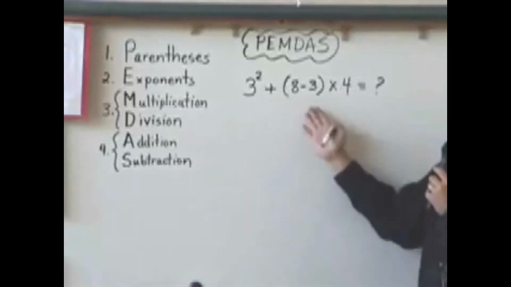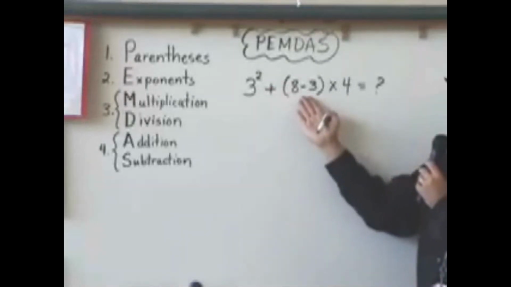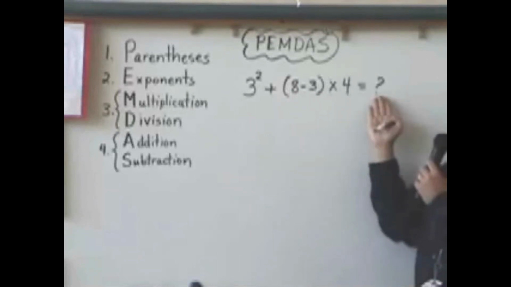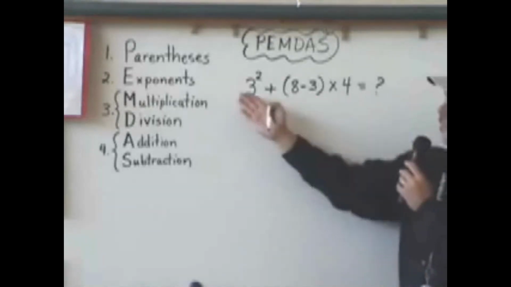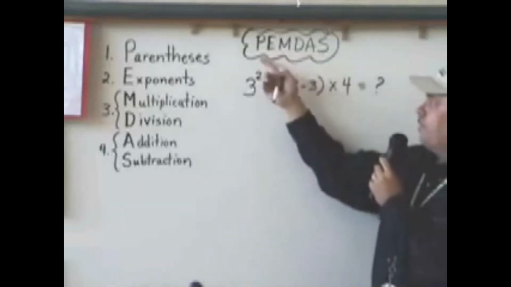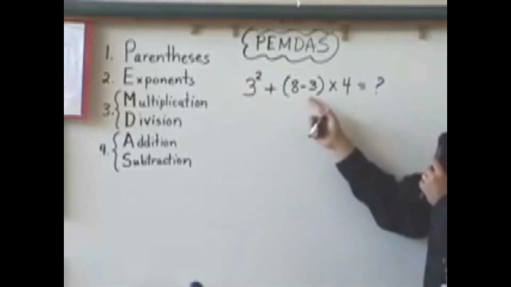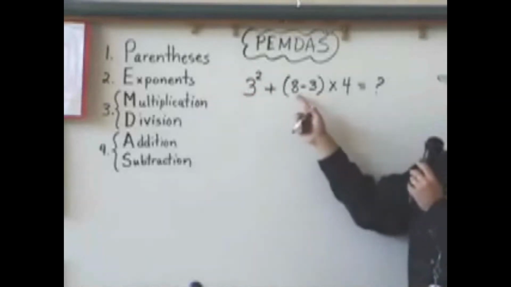We always have to go in this order in order to get the right answer. So let's take a look at a problem here. 3 to the second power plus 8 minus 3 in parentheses times 4. In order to find the answer, we have to follow the rule. So the rule says, PEMDAS, first we're going to do parentheses. So I'm going to look in this problem and I'm going to see that, oh, here's parentheses right here.